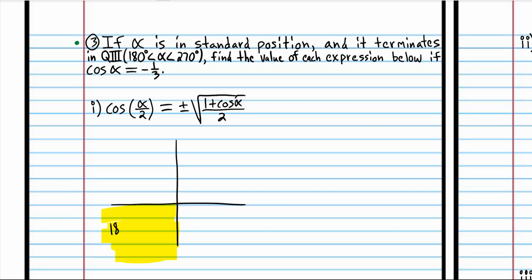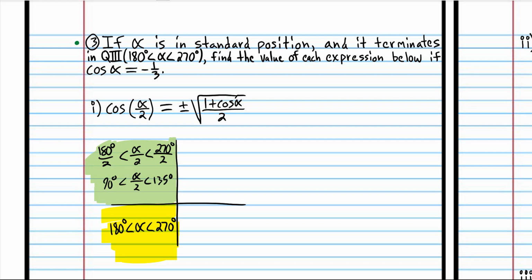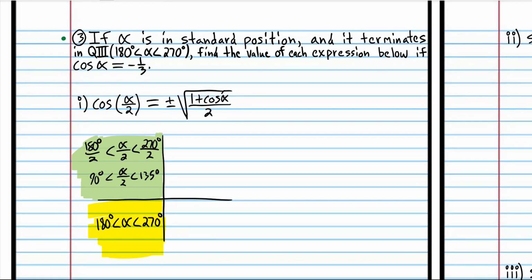We're told alpha is between 180 and 270. If you divide alpha and all those other numbers by 2, we see that alpha over 2 is between 90 degrees and 135 degrees. So that means that it's in the second quadrant.